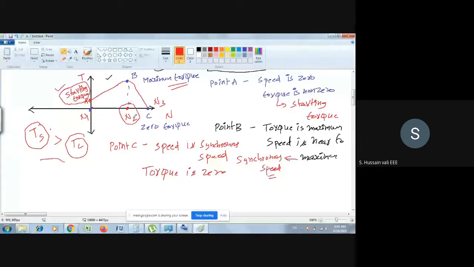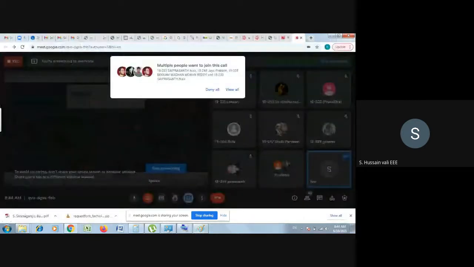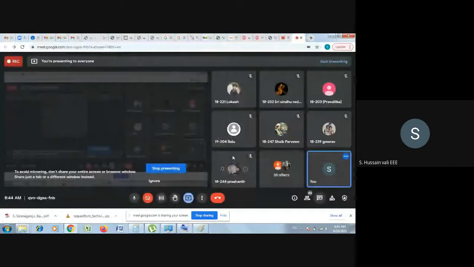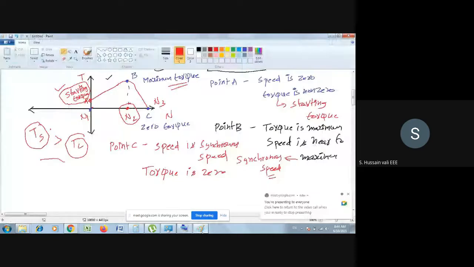At heavy loads, like grinders, cranes, and other equipment in manufacturing units or factories, some heavy loads are there.